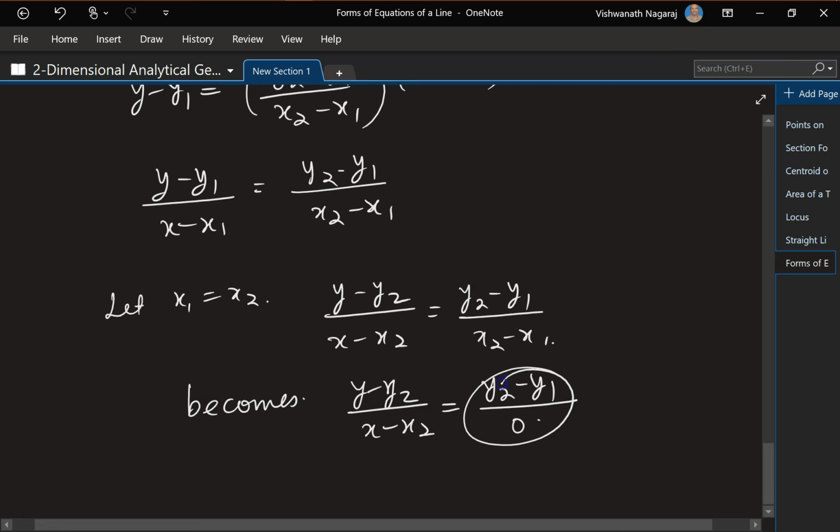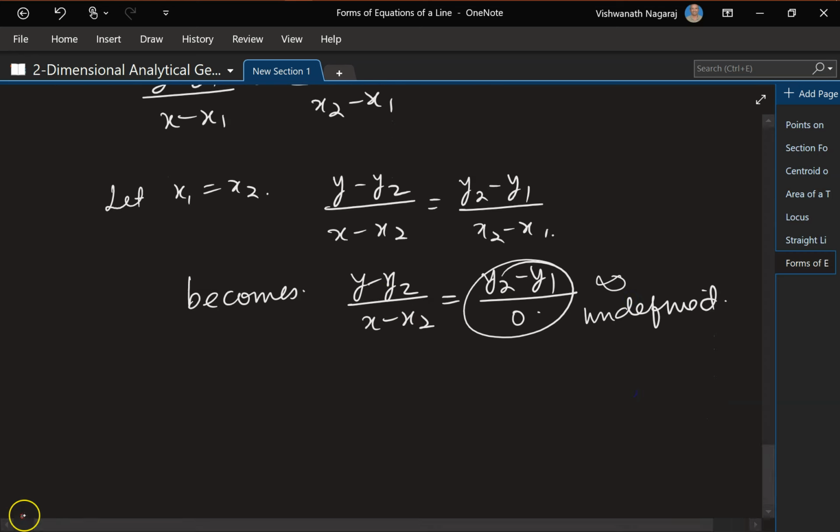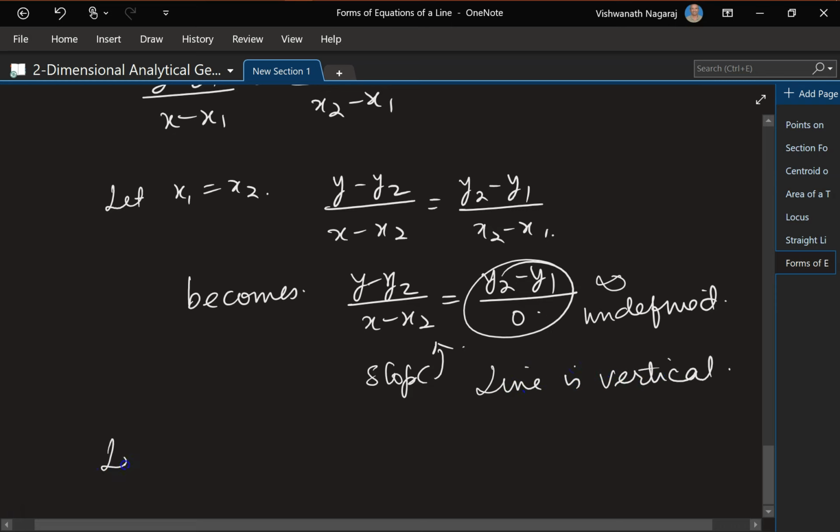Right? Now this is either infinity or undefined, and this represents the slope, right? So the slope is undefined, and this is possible only when the line is vertical.